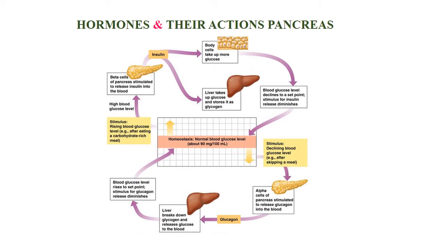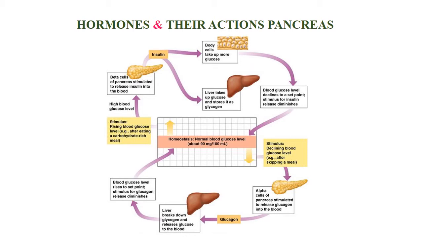Suppose when a person undergoes starvation, that is without food, the reserve food has to be utilized for energy purposes. In that case, the blood glucose level, decreased below the normal level, influences the alpha cells of the pancreas, which in turn get stimulated and release glucagon hormone into the bloodstream.